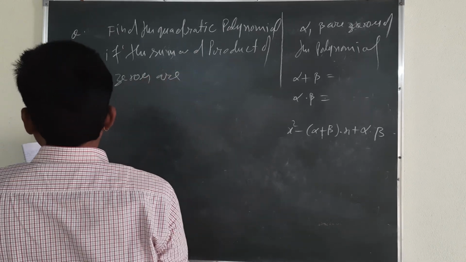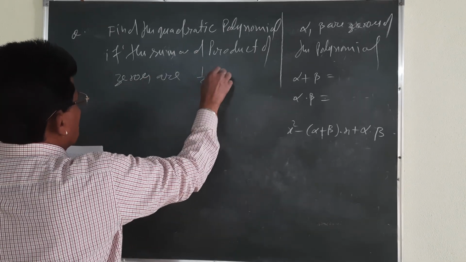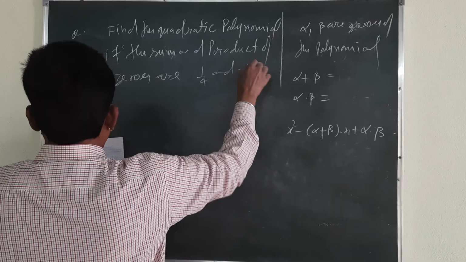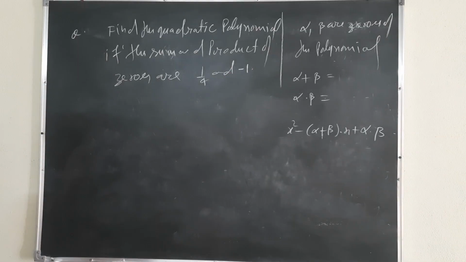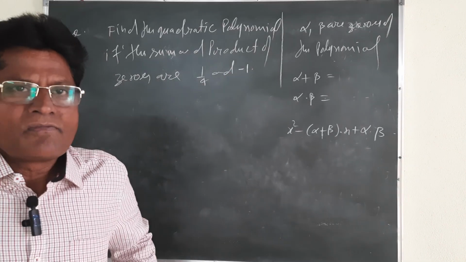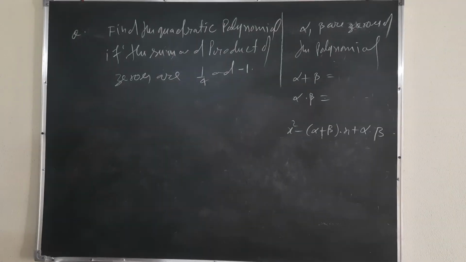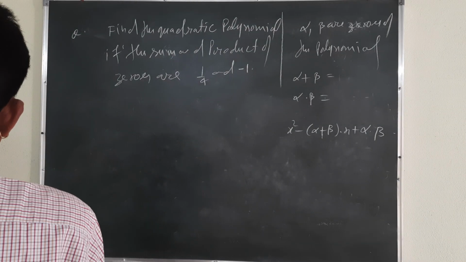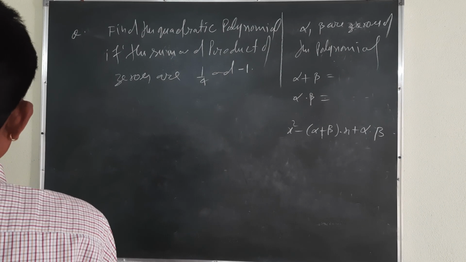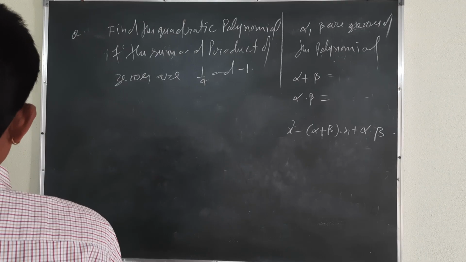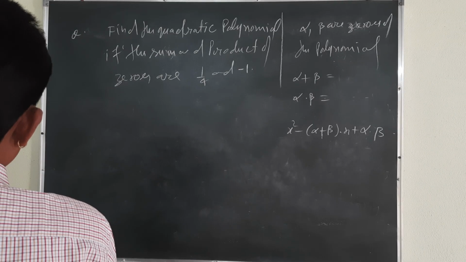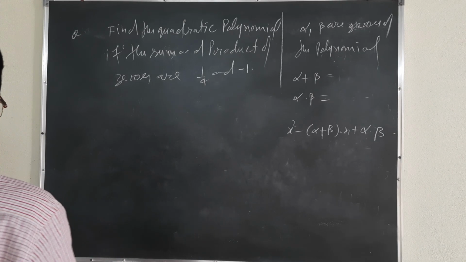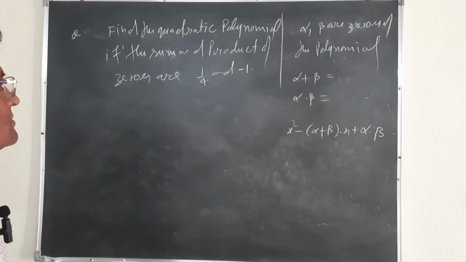What are the sum and product of zeros, dear student? You see, 1 by 4 and minus 1. Just before I told you a similar kind of question, whose zeros I had discussed with you. Okay? A similar kind of question I told you just before.